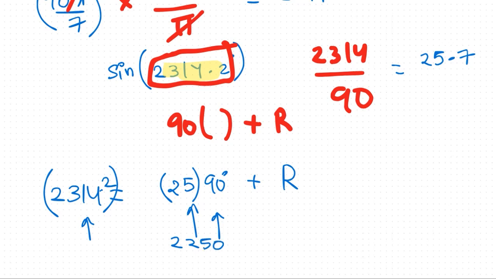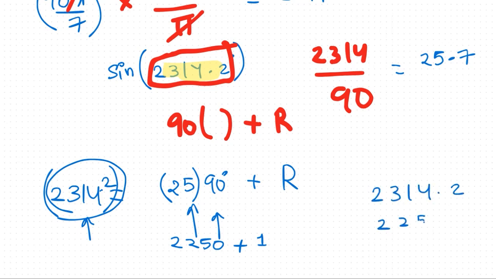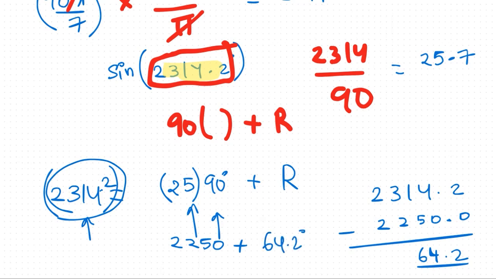So 2250 plus what? 2314.2 minus 2250 gives 64.2. So the angle is 2250 plus 64.2 degrees.